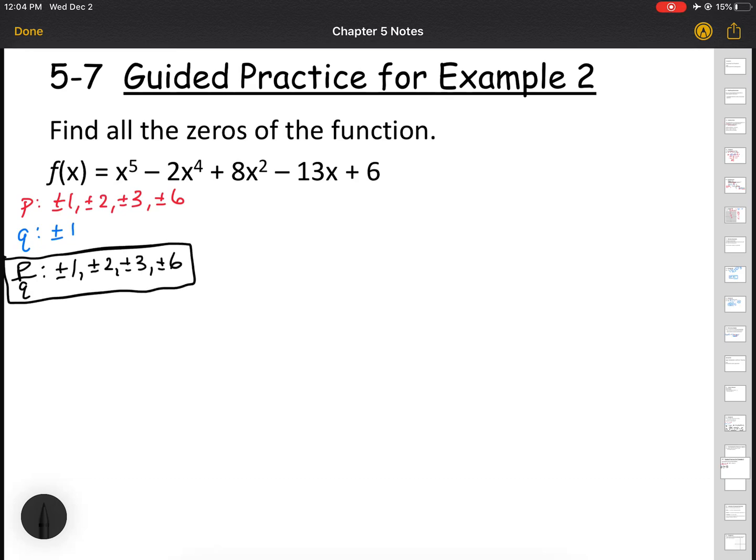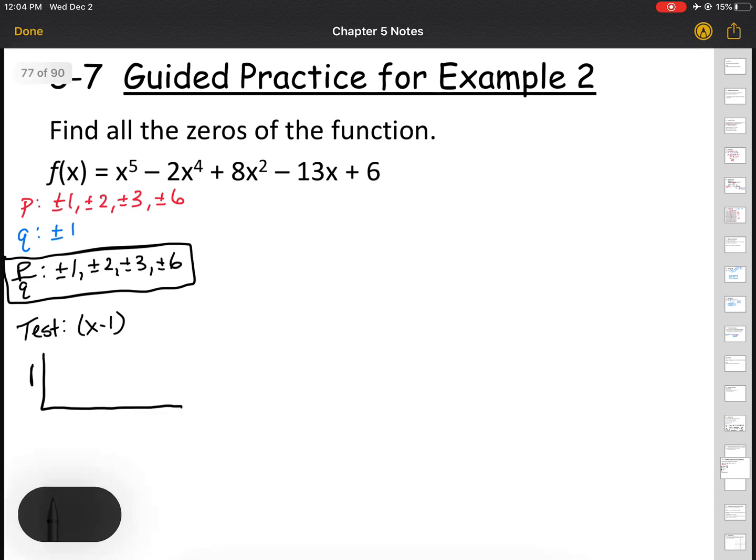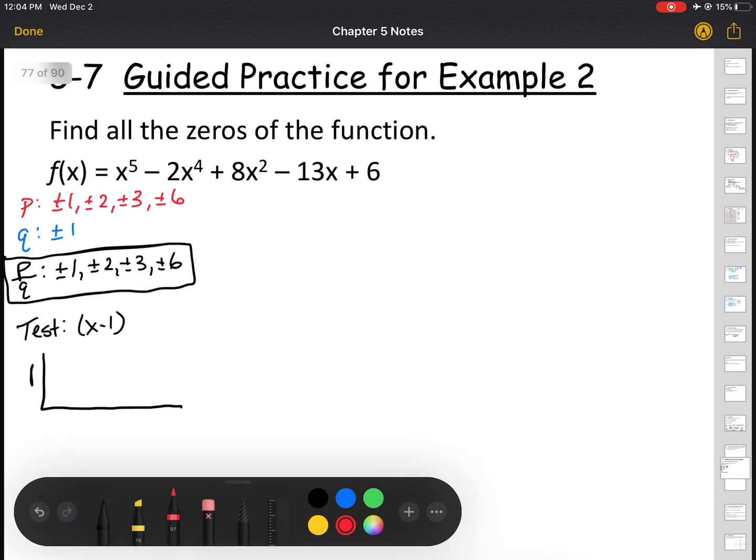Okay, now I'm going to do the same thing. I'm going to test some x values. Let me test, let's say, x minus 1. That means if I switch the sign, it'll be positive 1. Before I do coefficients, let me make sure that I have all my exponents from biggest to smallest.